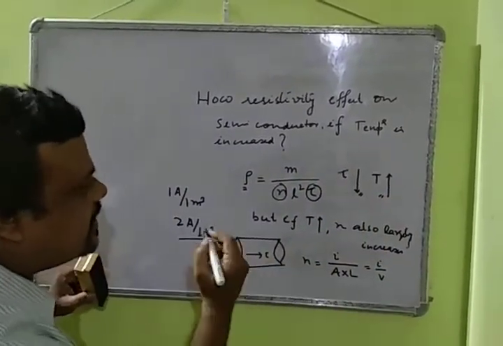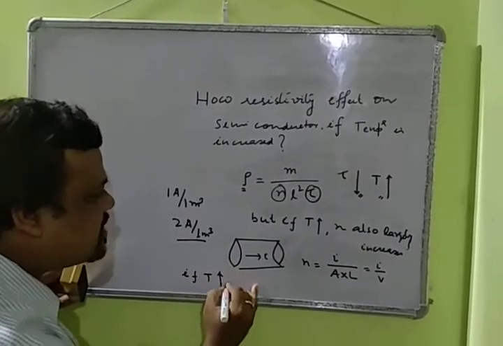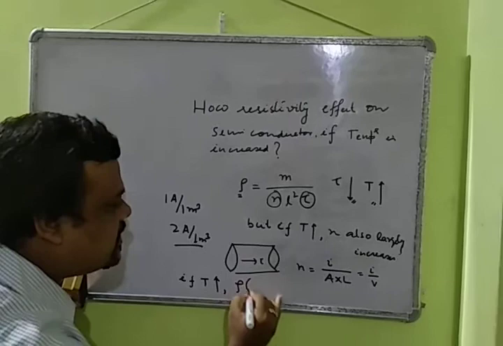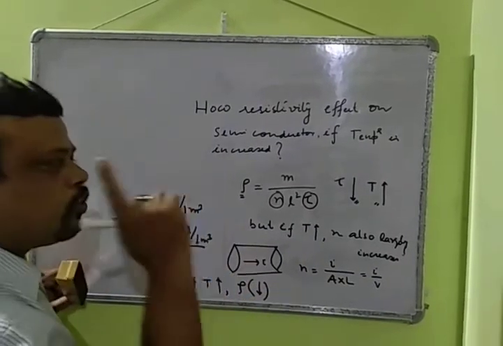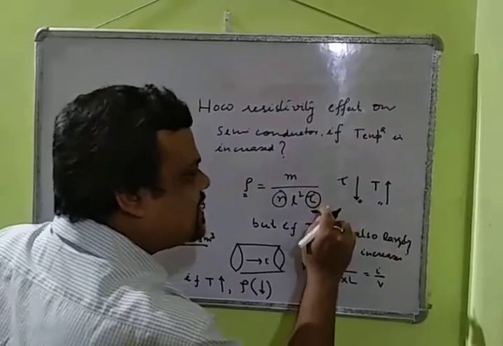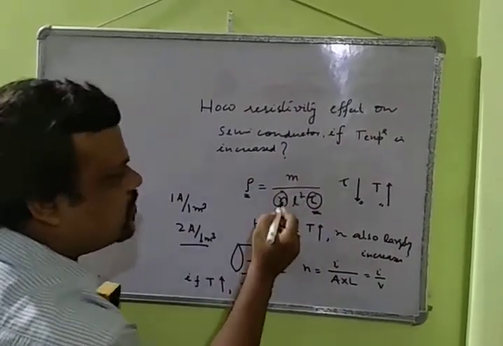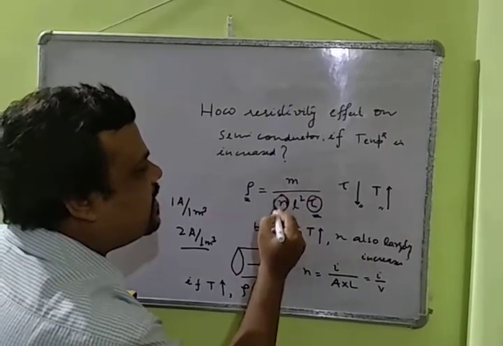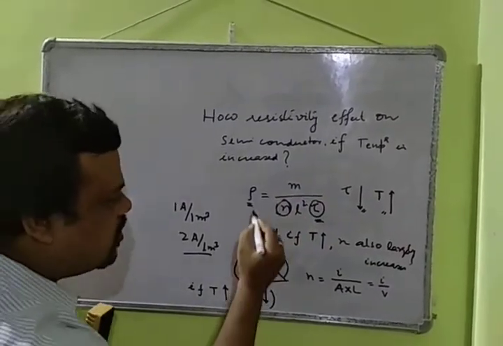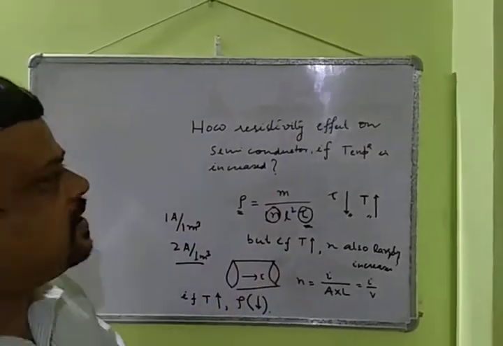So the net effect is, if temperature increases for a semiconductor, resistivity always decreases. Although relaxation time decreases, so rho has to increase, due to the large increase of n, rho always decreases. This is the specific style of behaving like a semiconductor.